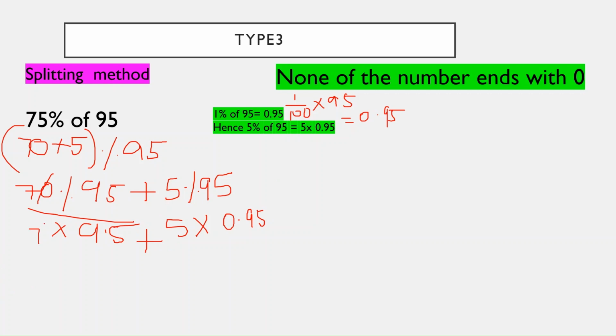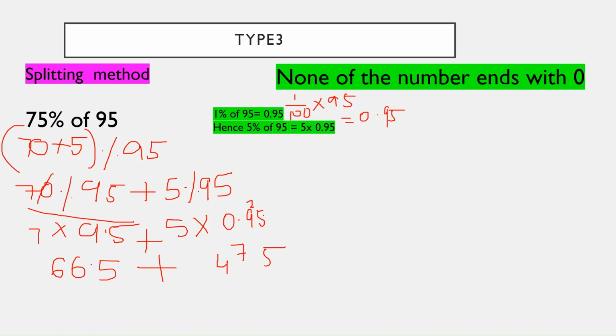Just multiply this number. 7 into 9.5 will be 66.5. Now again multiply this 5 into 0.95. 5 fives are 25, 2 carry. 5 nines are 45, plus 2 is nothing but 47.